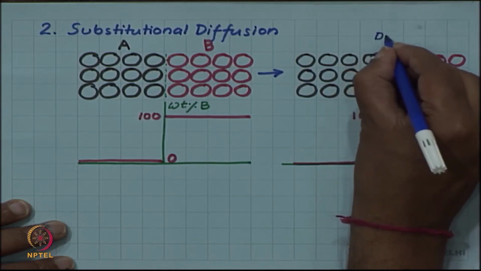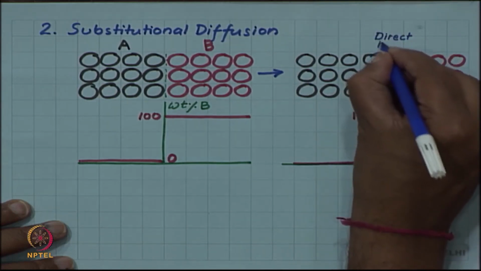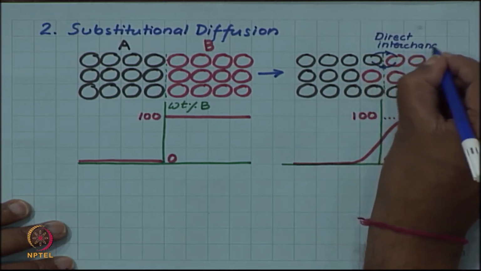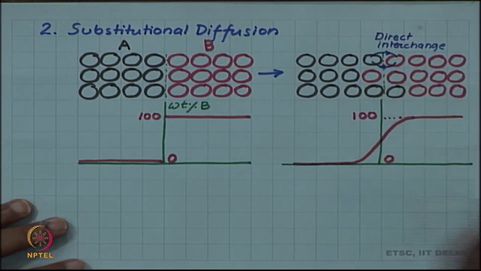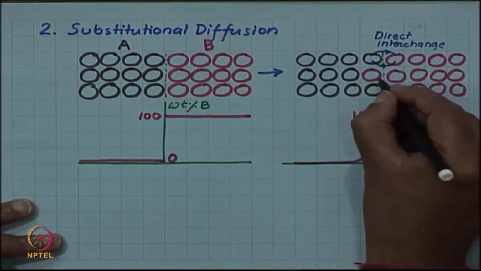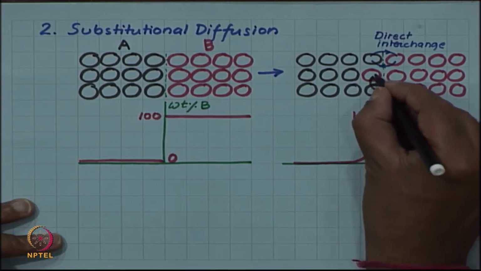So, let us write this as a direct interchange mechanism. Another mechanism which was proposed was a ring mechanism, which requires a group of atoms.